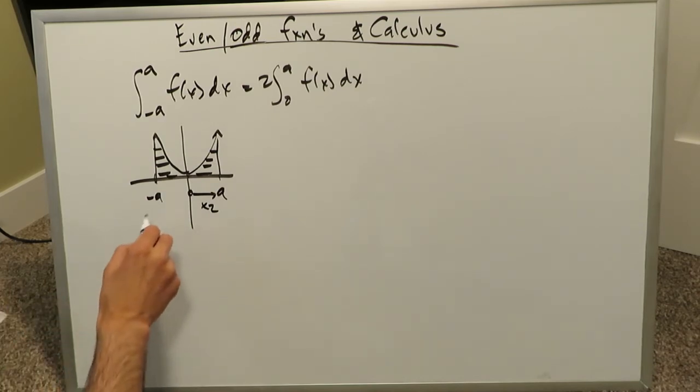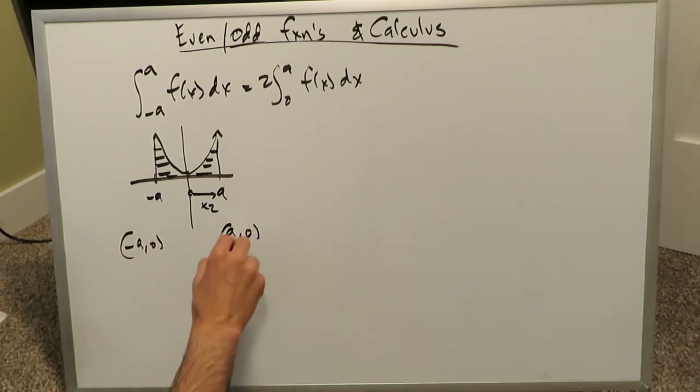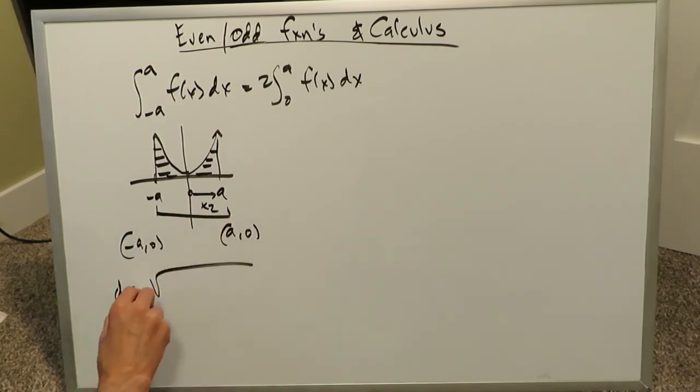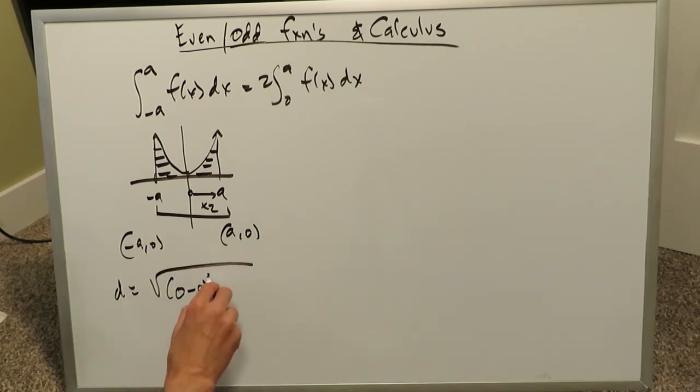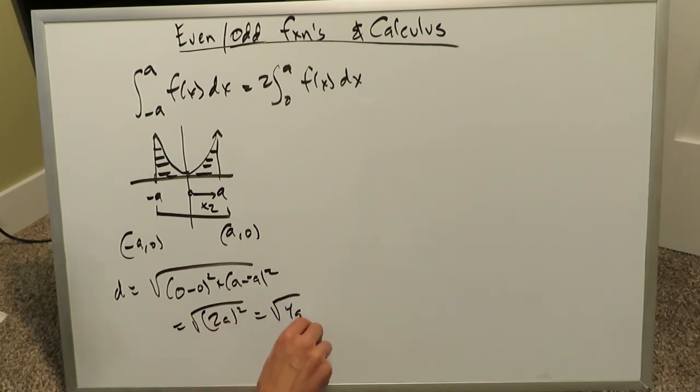You could also look at this coordinate as minus a comma 0 and this coordinate as a comma 0, and if you were to look at this segment over here, you can do the distance formula, y2 minus y1 whole square plus x2 minus x1 whole square, and you'll get within here a 2a whole square, and you'll get square root of 4a square.